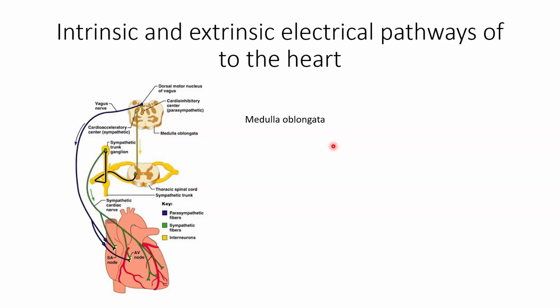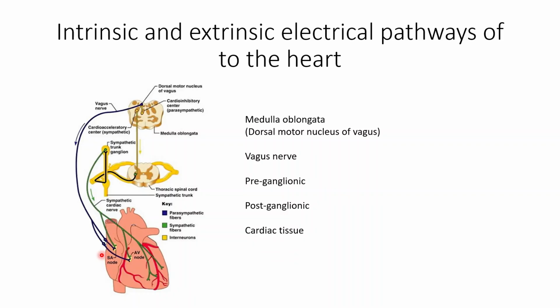The medulla oblongata is in the hindbrain, and it has the dorsal motor nucleus of the vagus nerve over here. Via the vagus nerve, you have this preganglionic fiber. You then connect to another nerve here close to the heart. That's the postganglionic fiber, and that then interfaces with the cardiac tissue.